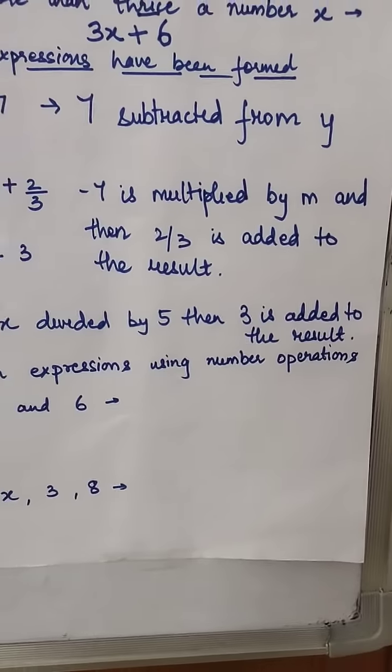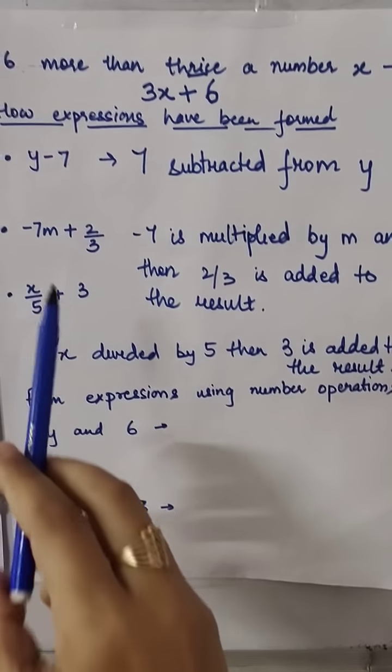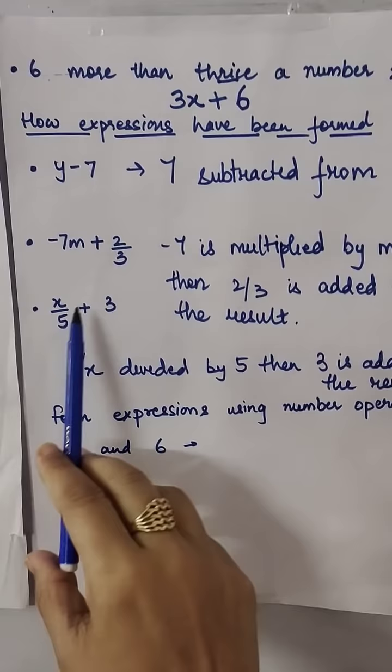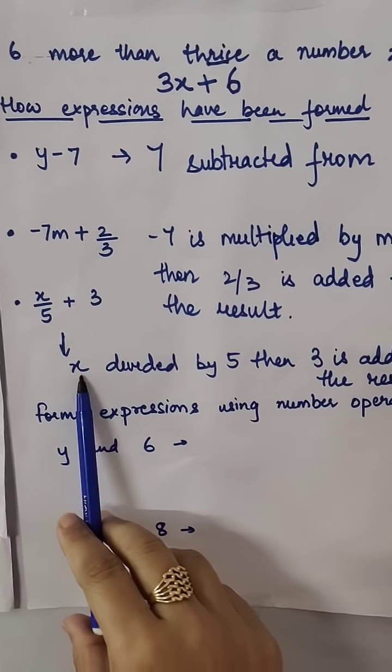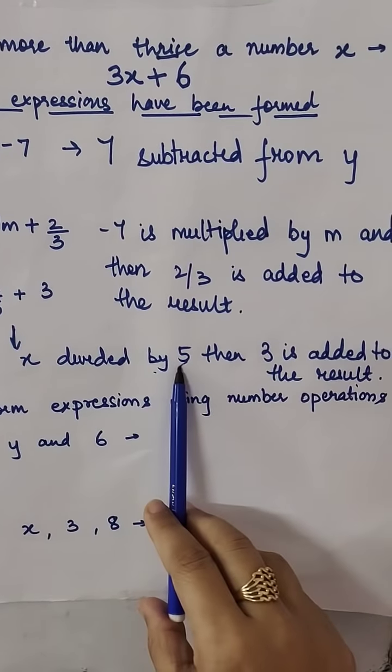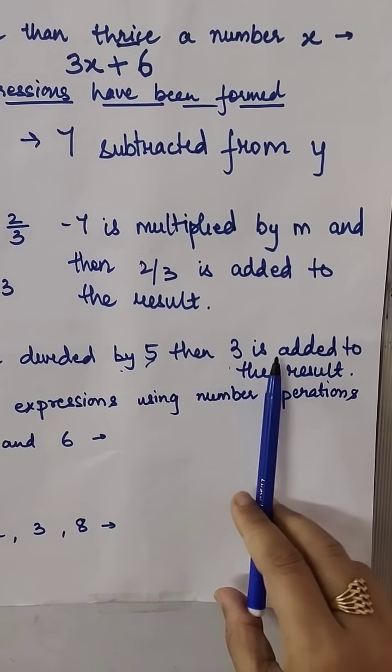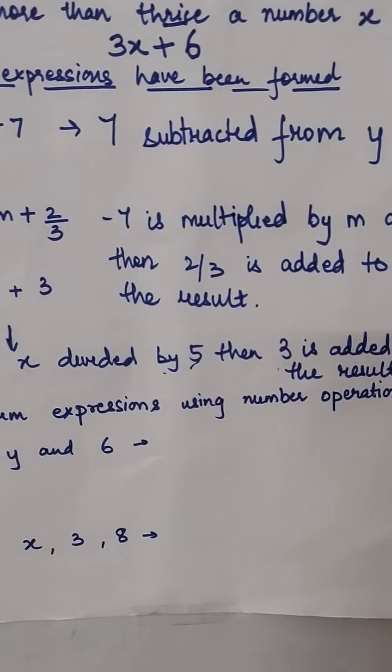So the statement that we can write here for x upon 5 plus 3 is: x is divided by 5, then 3 is added to the result.